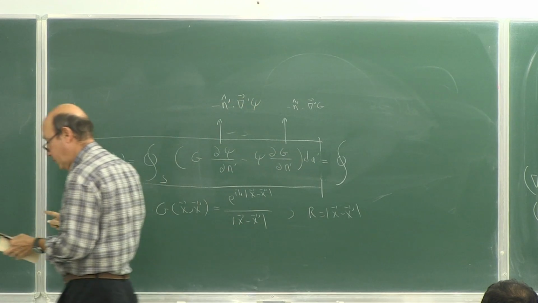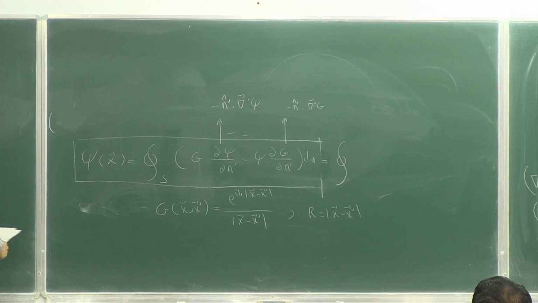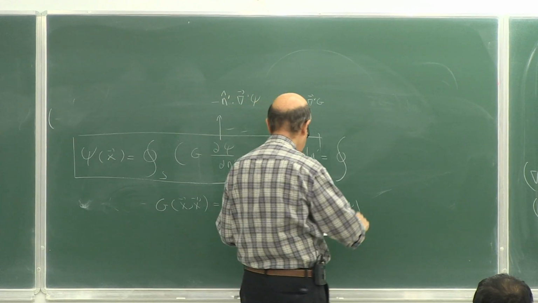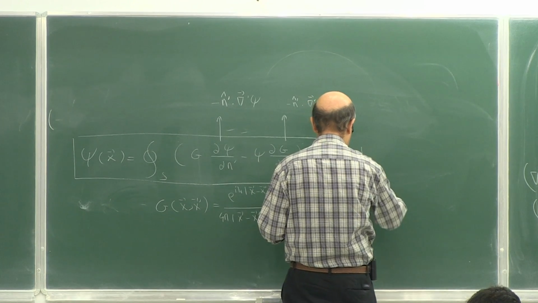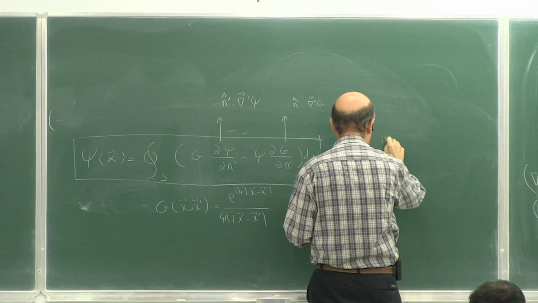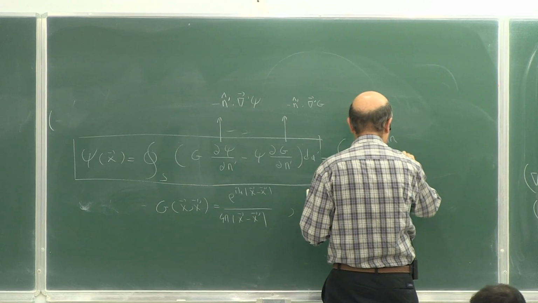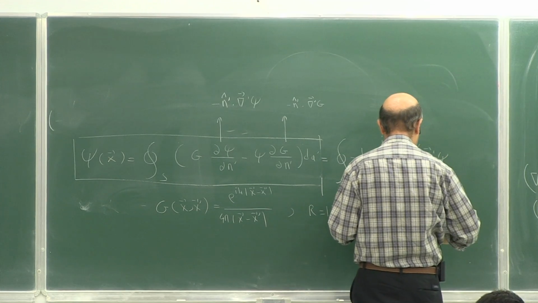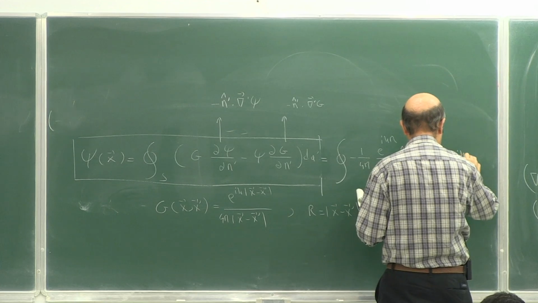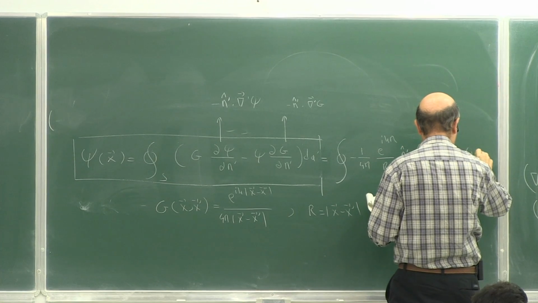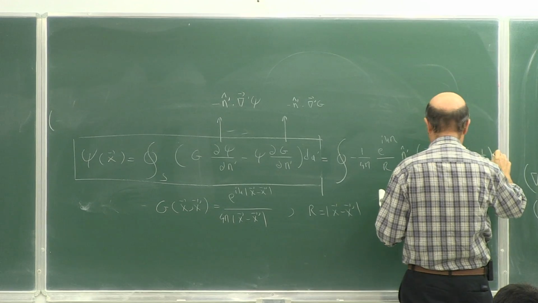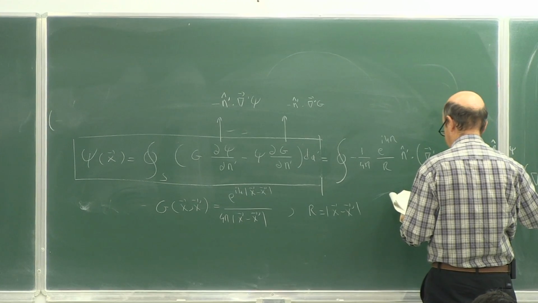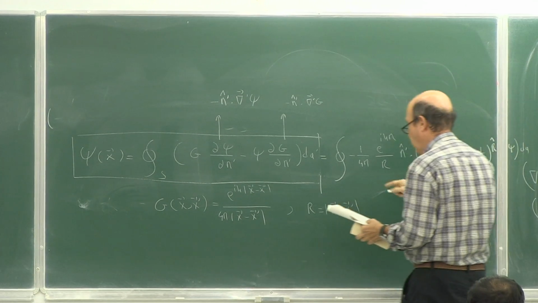Through the surfaces, we have, I think, a 4 pi here, minus 1 over 4 pi e to the i k r over r, n prime dot gradient of psi, minus i k times 1 plus 1 over 4 pi r, times psi, integrated through the surface.